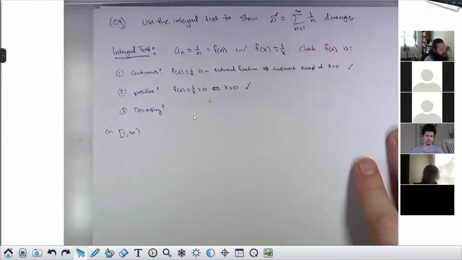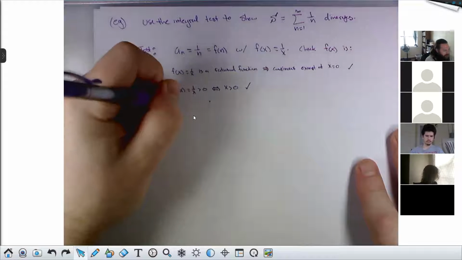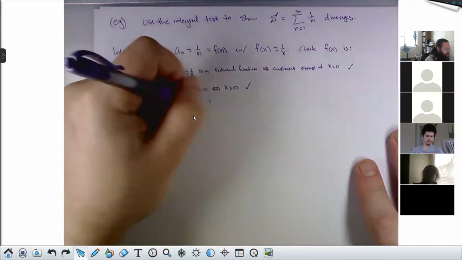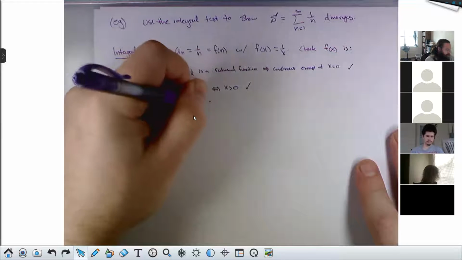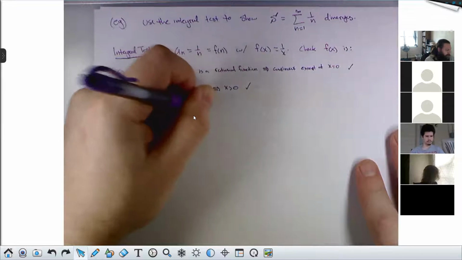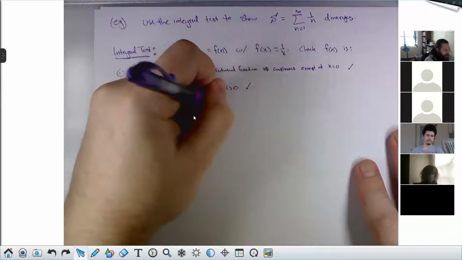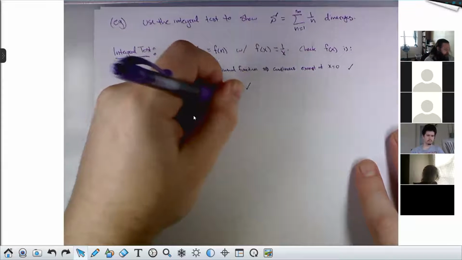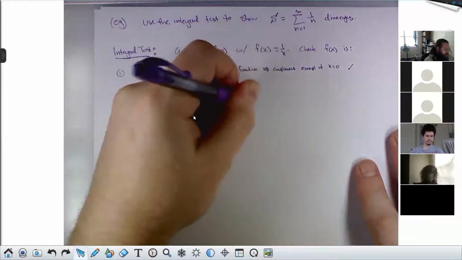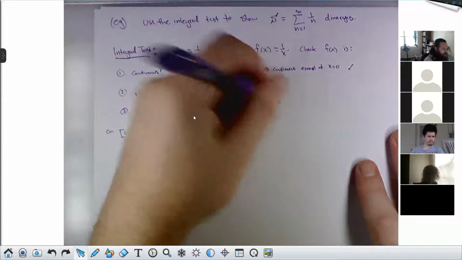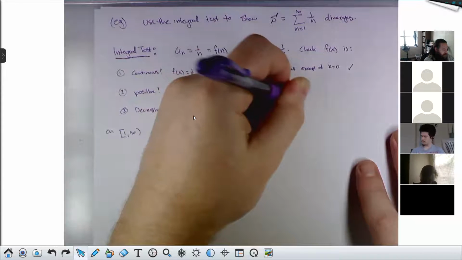Are we decreasing? A few ways to do this. Easiest one, what's f prime? f prime of x here is the derivative of 1 over x, which is negative 1 over x squared. And this is negative for all x except 0.